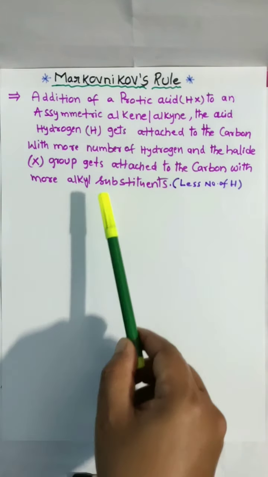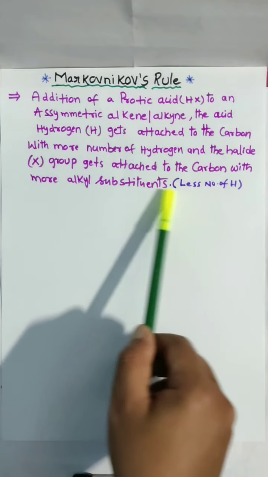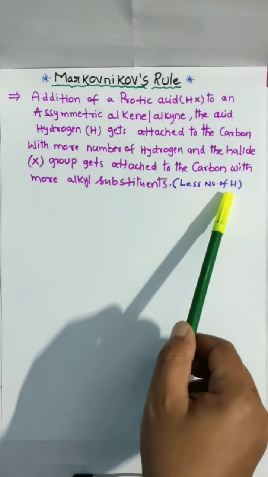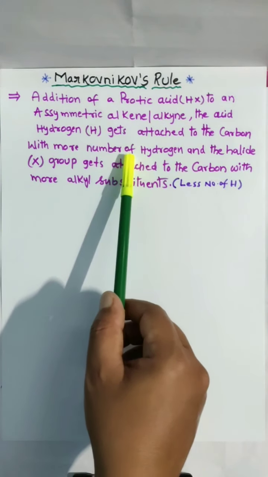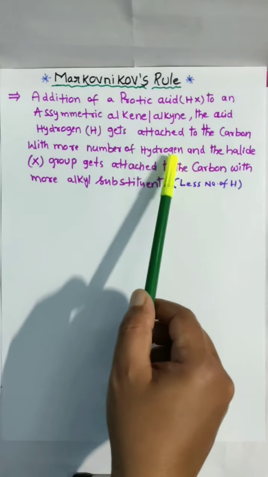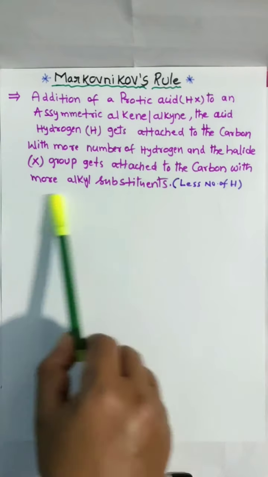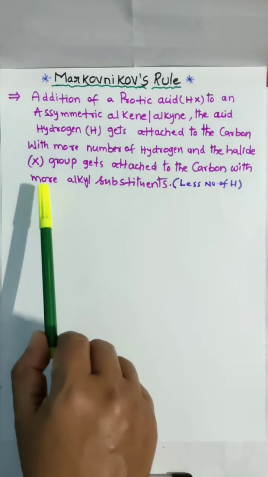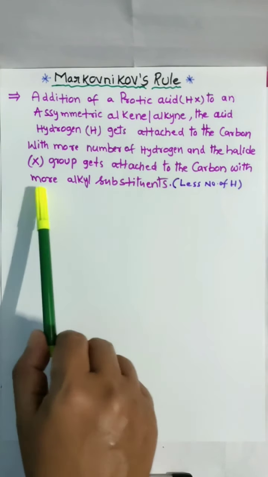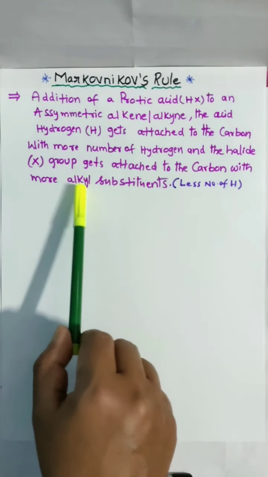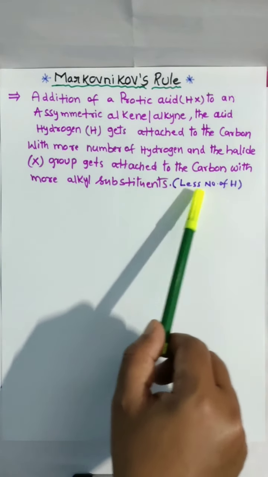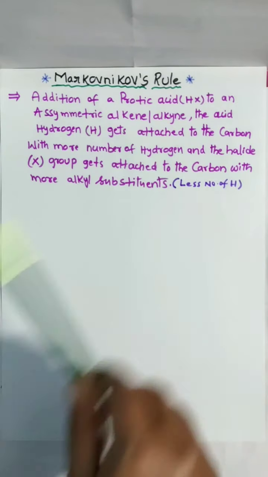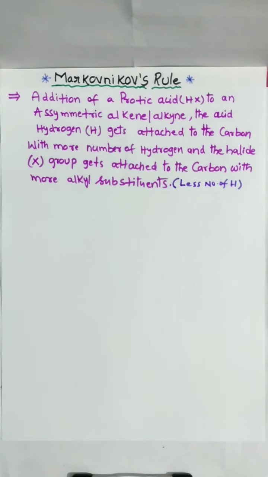That you remember. Halogen attacks the carbon with less number of hydrogens, and hydrogen attacks the carbon with more number of hydrogens. This is also very important: the halogen atom gets attached where more alkyl substituents are present, not only less number of hydrogens. Both are useful.